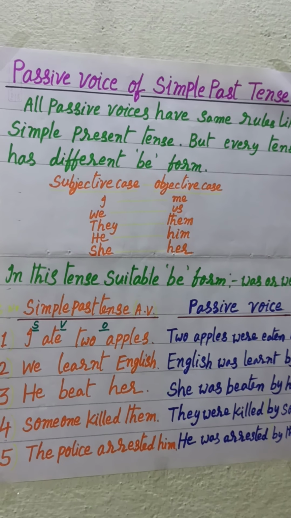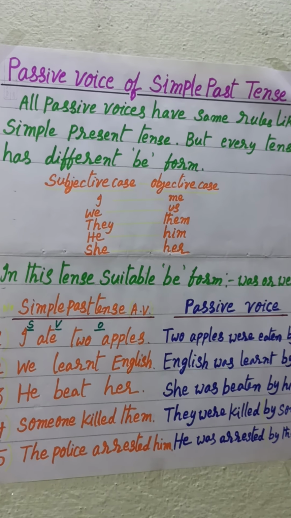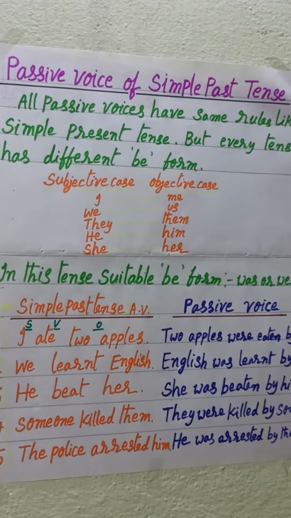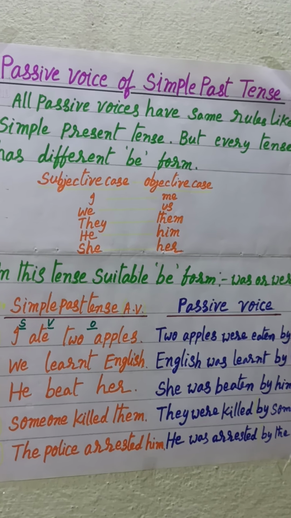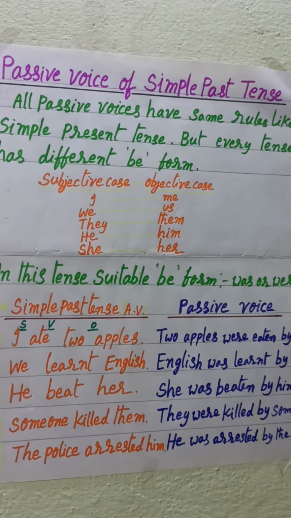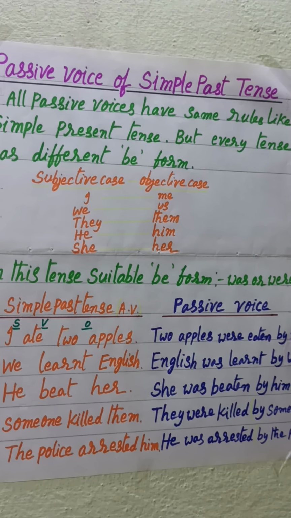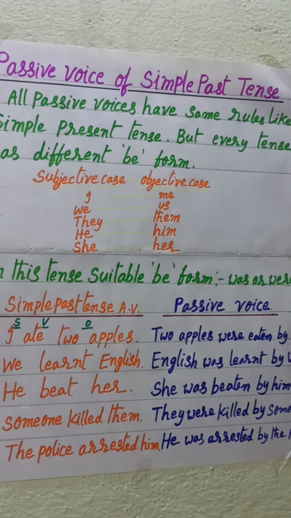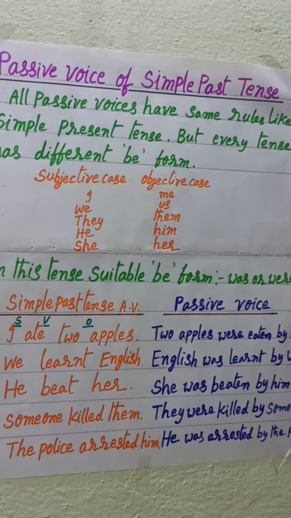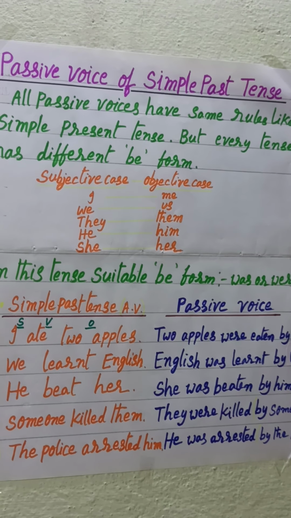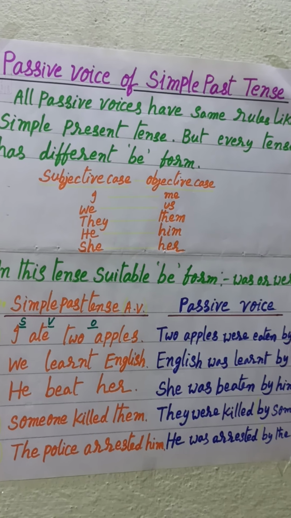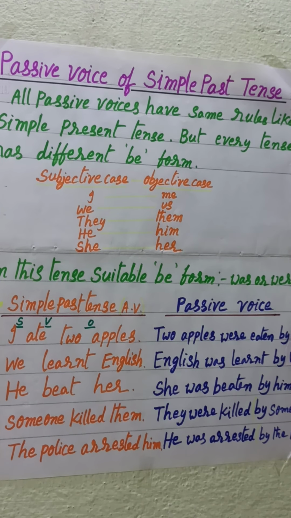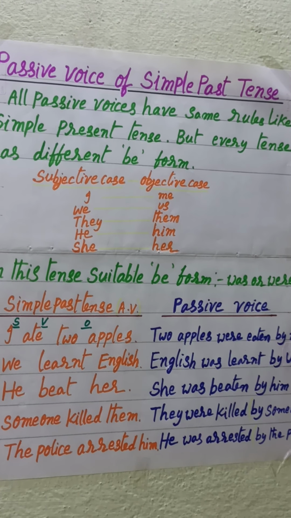Fourth sentence: someone killed them. Someone is subject, kill is verb, them is object. V1 is kill, V2 is killed, V3 is also killed.